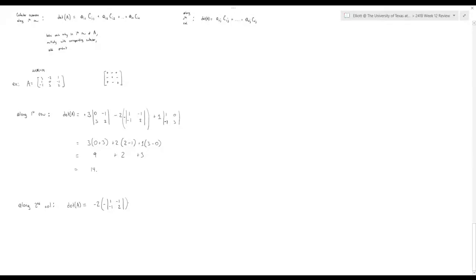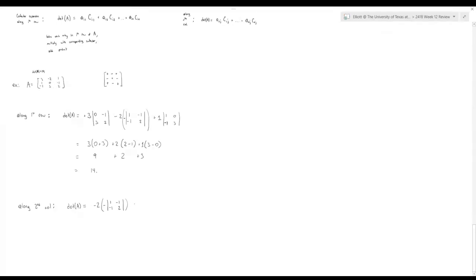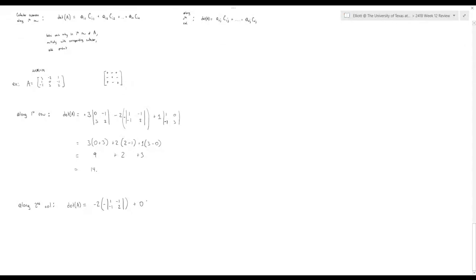So then next I would take the next entry in the second column, which is a 0. And I'd multiply by its corresponding cofactor, but it's just going to be 0, okay? Because I'm going to be multiplying by 0 in the end. So normally you'd cross out the row and the column containing the 0, and you'd have this 2 by 2 remaining. But we don't have to worry about that because we're going to be multiplying by 0.